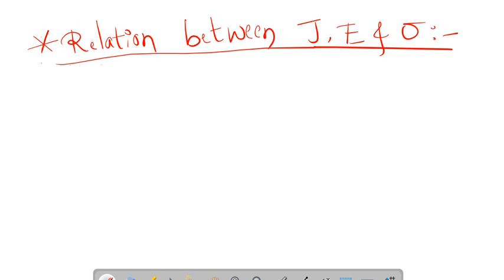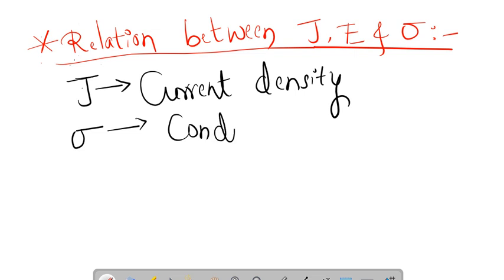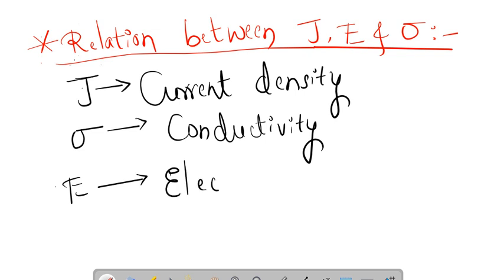Now here J is the current density and sigma is the conductivity. And E is the electric field.